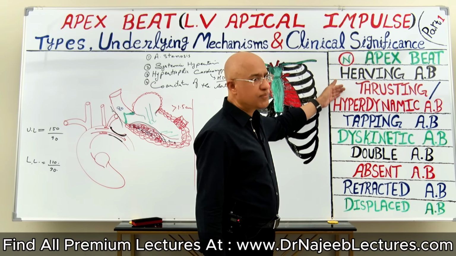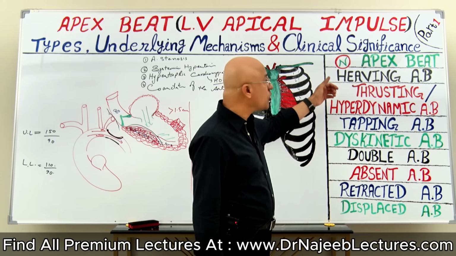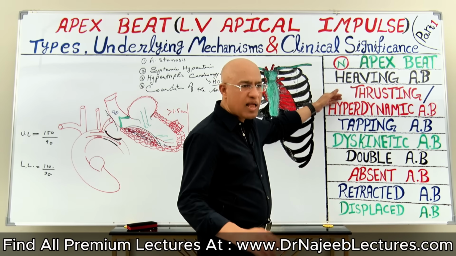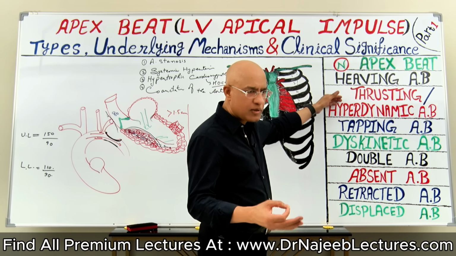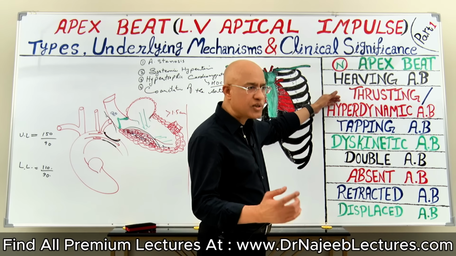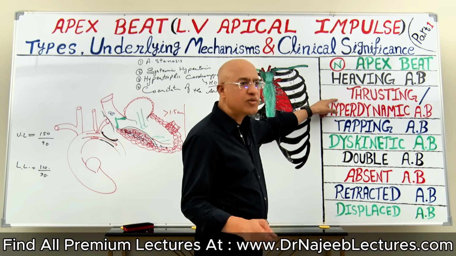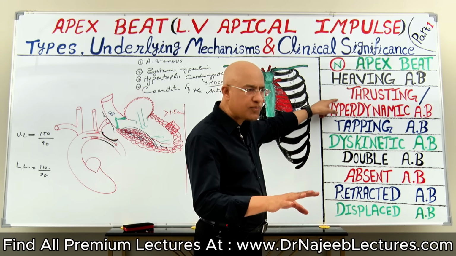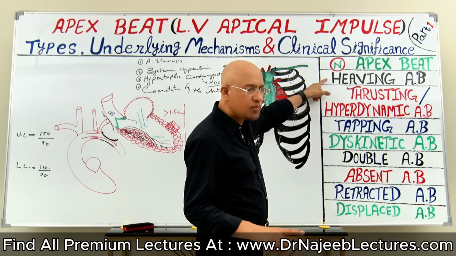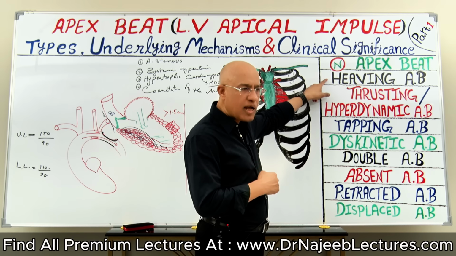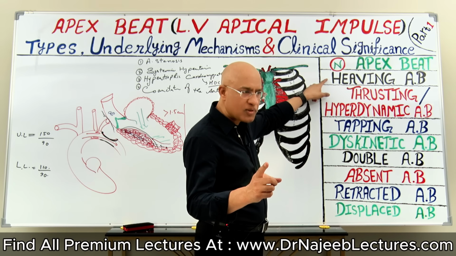And of course, the underlying mechanisms and causes of heaving apex beat and thrusting apex beat are very different, and every clinician should know how to differentiate between them. Right now we just discussed heaving apex beat. There are many causes, but I just discussed the basic mechanism that in heaving apex beat, a stronger and prolonged apex beat is there.